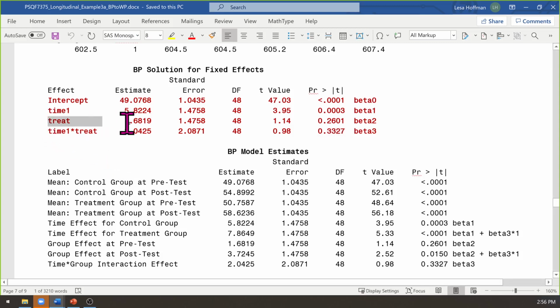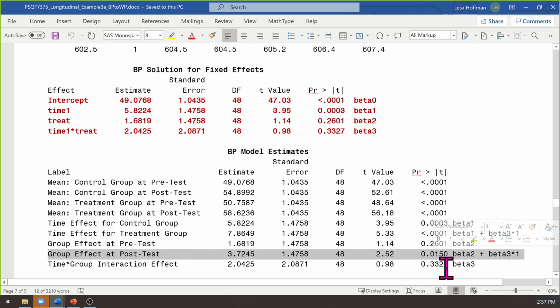The other way that I can think about it is the group difference at any occasion. The group difference favored the treatment group at pretest, 1.6. The group difference became stronger, in this case, more favoring the treatment group at post-test, but not significantly so. And if I want the group effect at post-test, I can ask for that, and that actually is significant. So the groups were not different at pre-test. They are different at post-test, but they did not change differently.